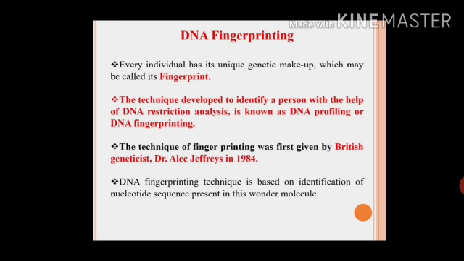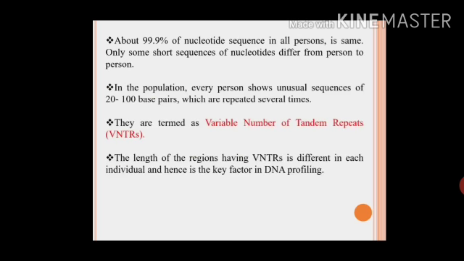The technique of DNA fingerprinting was first given by British geneticist Dr. Alec Jeffreys in 1984. DNA fingerprinting technique is based on identification of nucleotide sequence present in this wonder molecule. We know about 99% of nucleotide sequence in all persons is same.